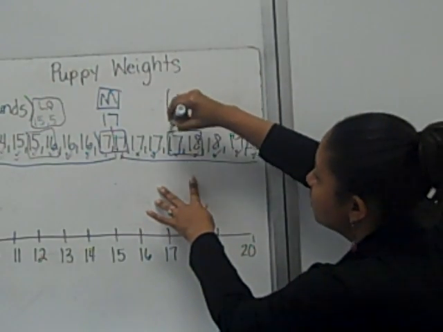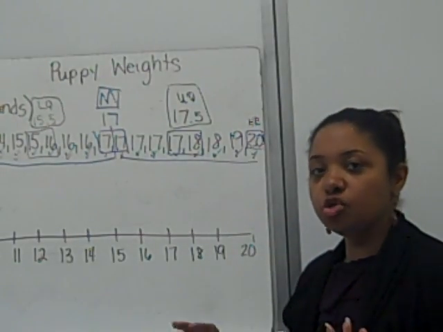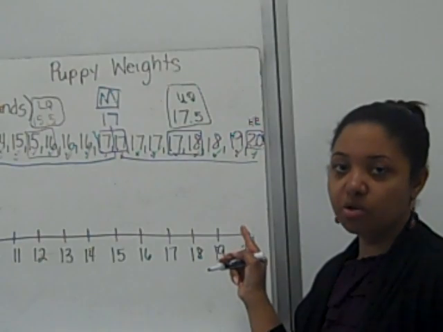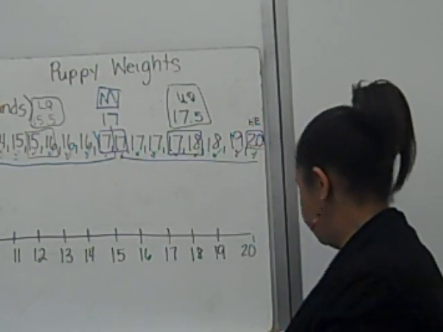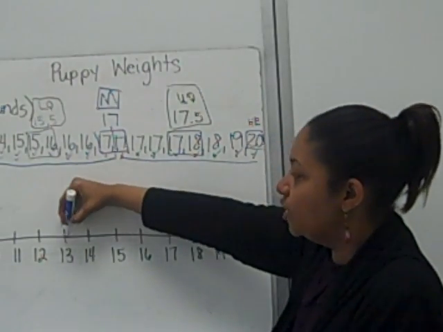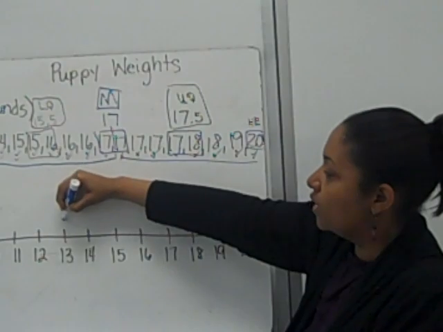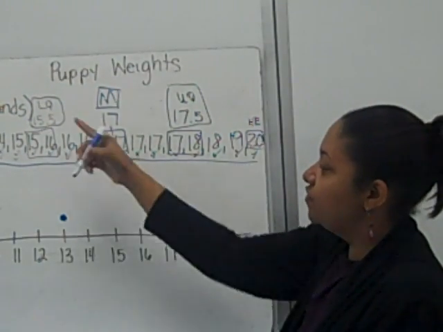So you've got 5 numbers. The 5 numbers are the only numbers you're going to plot above this number line. So let's do that. Our first number is 13. So I'm going to go right above 13. I'm not putting it on the number line. I'm putting it right above the number line. Okay? Then we have 15.5.